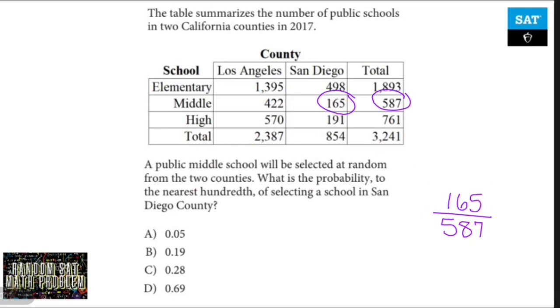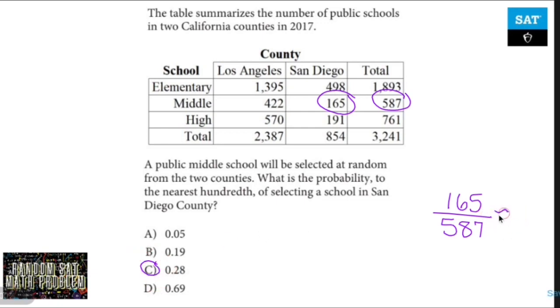So I get that number right there. I don't know if this is a calculator section or not, but this to me is awfully close to 150 over 600, which is very similar to 25%. So I'm going to go with 0.28.